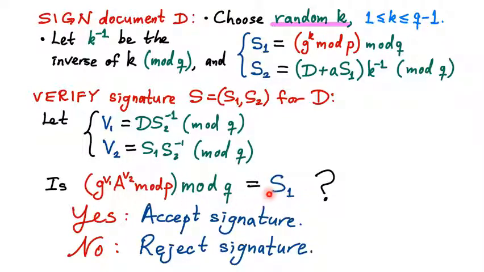If this is actually true, right, these two are integers between 1 and Q. If they are the same, accept the signature.